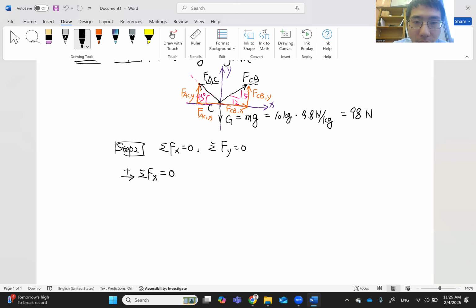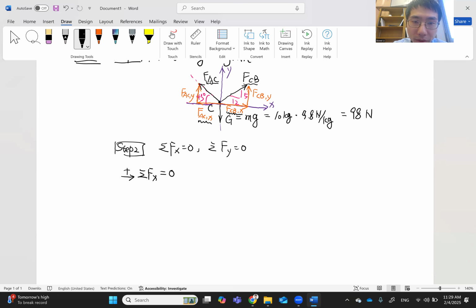What do we have along the x direction here? By looking at the first diagram, along the x direction we have the x component of FAC, that is FACX, and we also have the x component of FCB, FCBX. We directly take the summation of those.